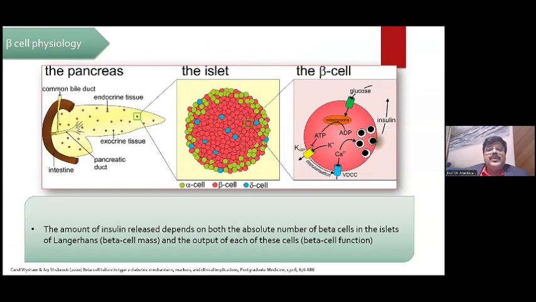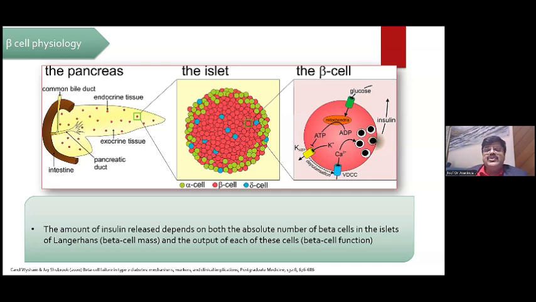So going to the topic proper, we know the beta cell physiology, the pancreas, the common bile duct, endocrine tissue, exocrine tissue, pancreatic ducts, how it is there. And we know islet cells, that is alpha cells, beta cells, and delta cells. The beta cells you can see there, marked in red.